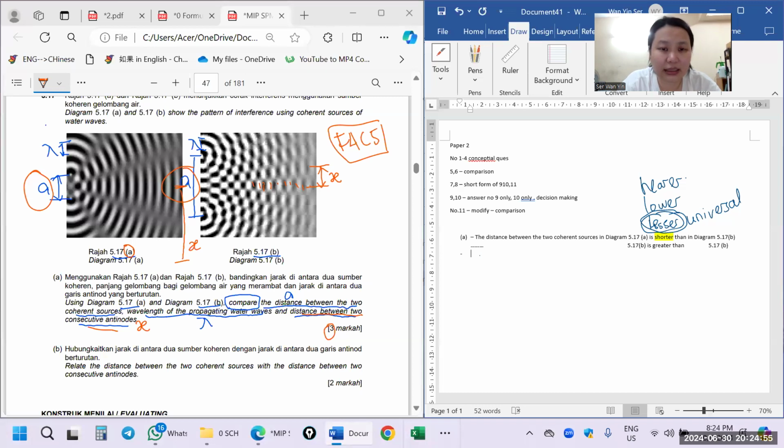Like the second sentence, compare. So now copy back.